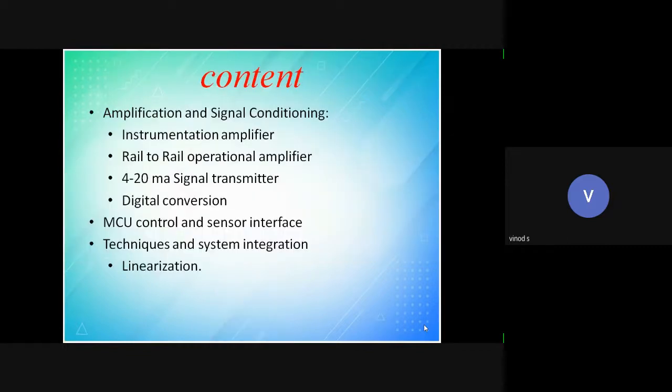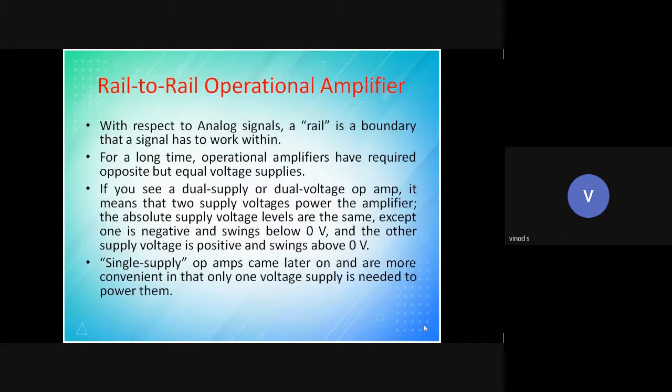So first of all, what is rail to rail? I have told you, when you take an amplifier it requires plus and minus supply. It has two inputs, one output. Other than these three pins, there are two pins. Those pins are for plus VCC and minus VCC.